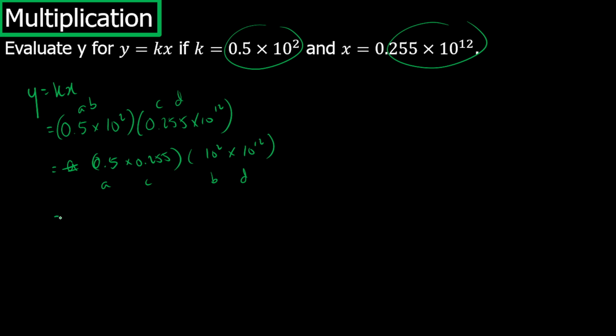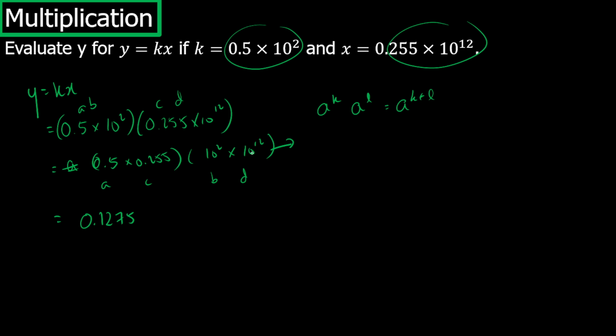You just multiply 0.5 with 0.255, and that gives you a value of 0.1275. And then to deal with this part, you know that if I have a power of k multiplied with a power of l, what I will have is a power of k plus l.